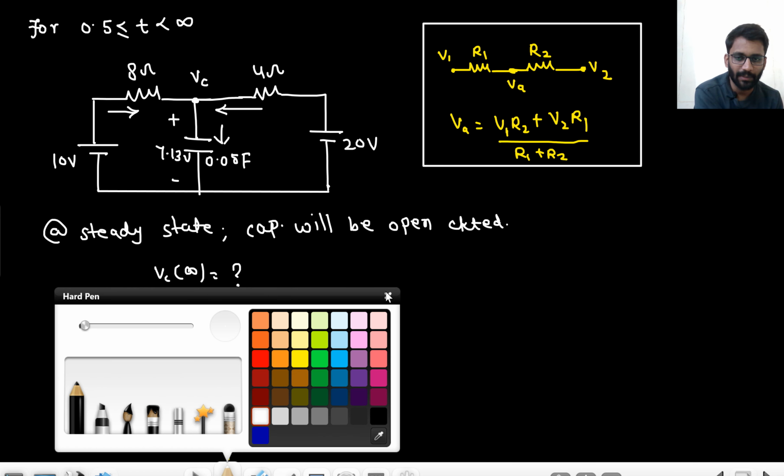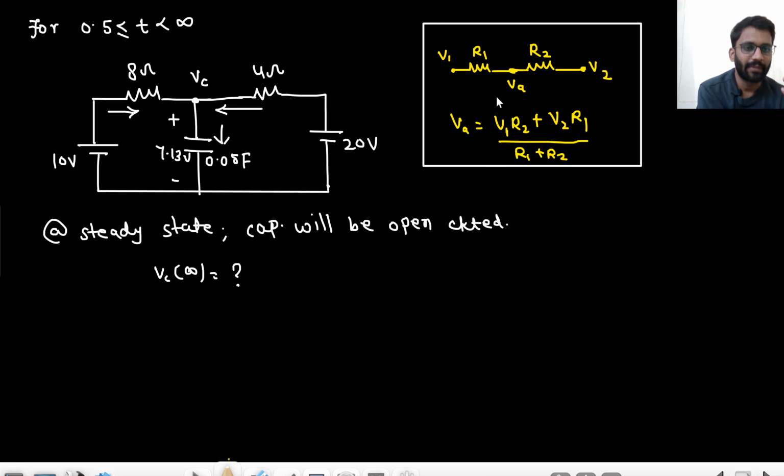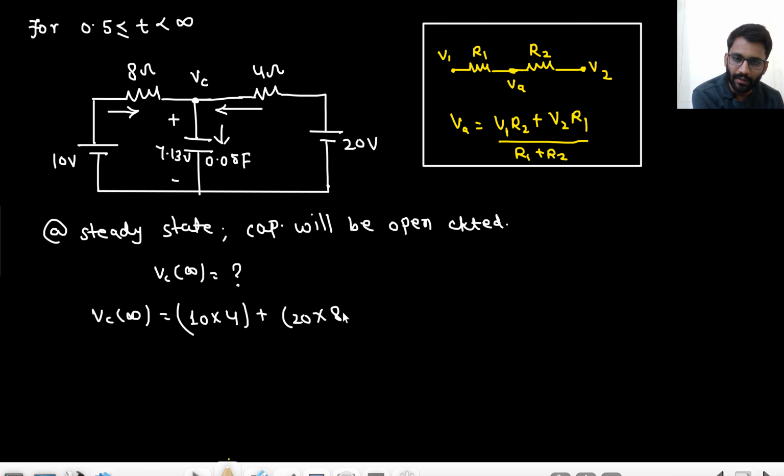So sometimes in analog electronics I will be using this method to quickly do my calculation: (V1 into R2 plus V2 into R1) by (R1 plus R2). So here also I can write VC infinity would be (10 into 4 plus 20 into 8) divided by (8 plus 4), that is 12.